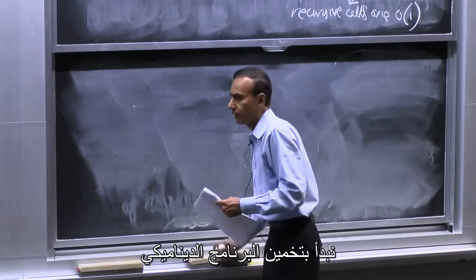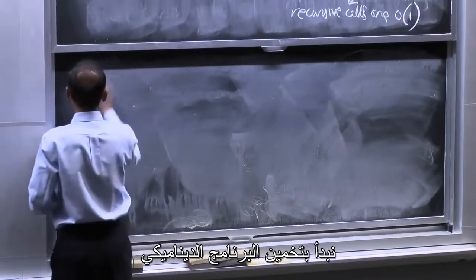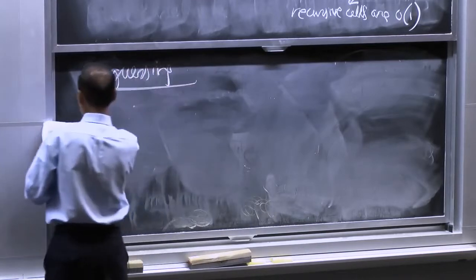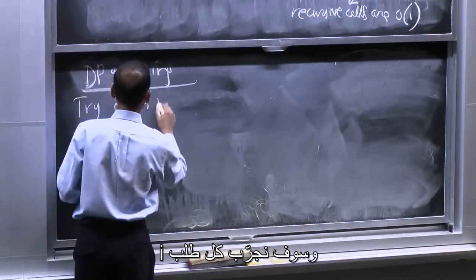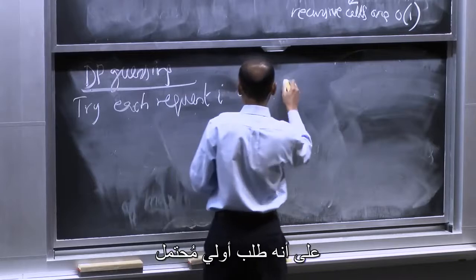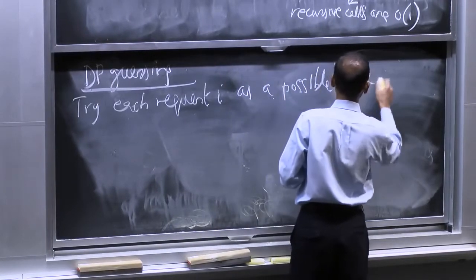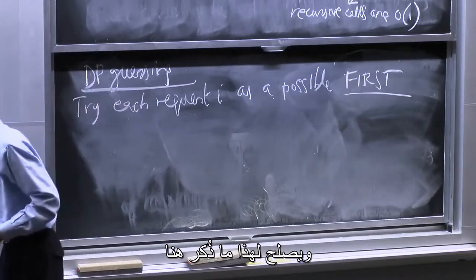And so what we have here is our DP guessing. And we're going to try each request I as a possible first request. Right? And so that's where this works.